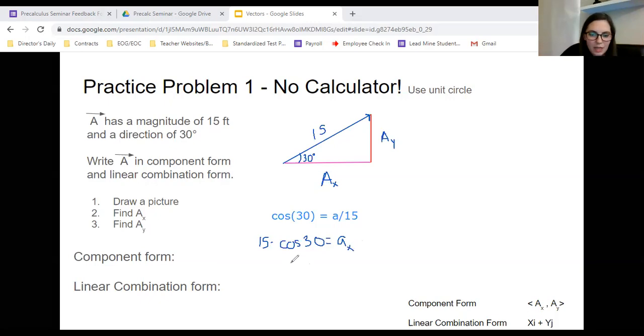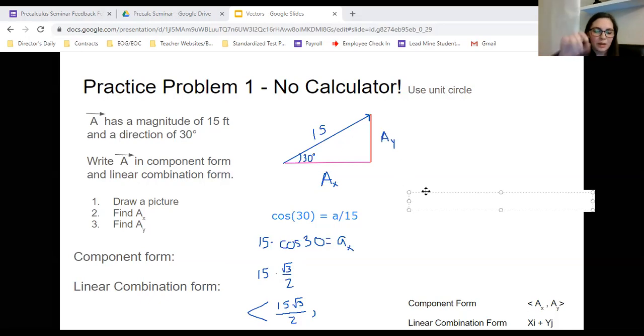And I know that the cosine of 30 is root 3 over 2, so I'm going to have 15 times root 3 over 2, and I'm just going to leave it as the x component, 15 root 3 over 2.